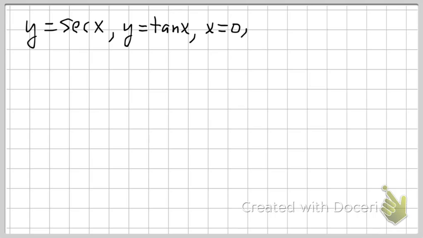So let's say that we look at y equals secant x, y equals tangent x, x equals 0, x equals 1, and revolve this about the x-axis. Why freehand it?